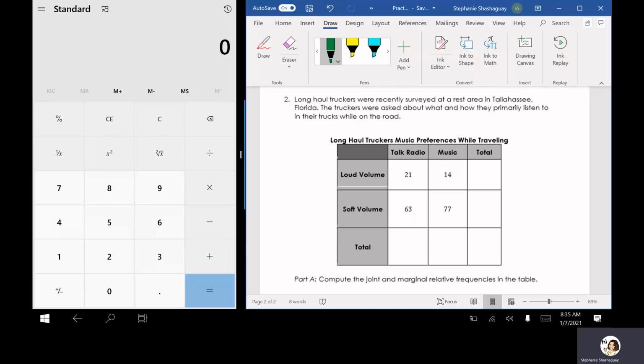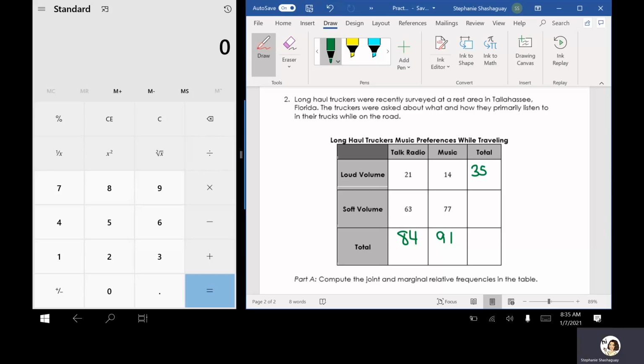So first we're going to do 21 plus 63, and we get 84. 14 plus 77 is 91. 21 plus 14, we're going across in rows now, is 35.